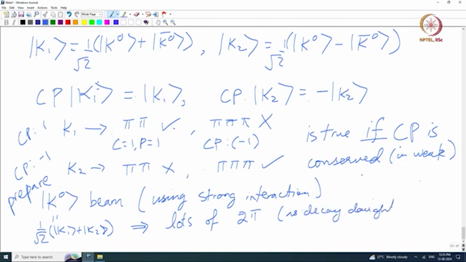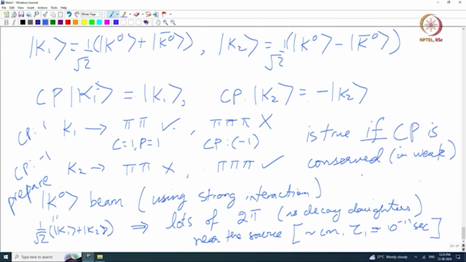The K0 would decay to a lot of 2 pi near the source of the beam. Okay, how near? Like a centimeter from the source, because the lifetime of this decay in particular is very, very small, 10 to the power minus 11 seconds, and then if you multiply this with roughly the speed of light, you get a centimeter.